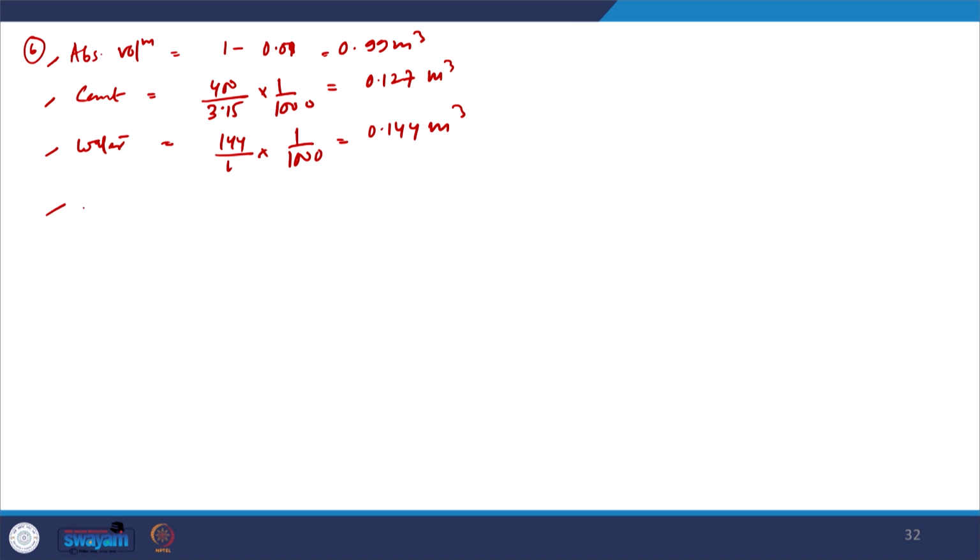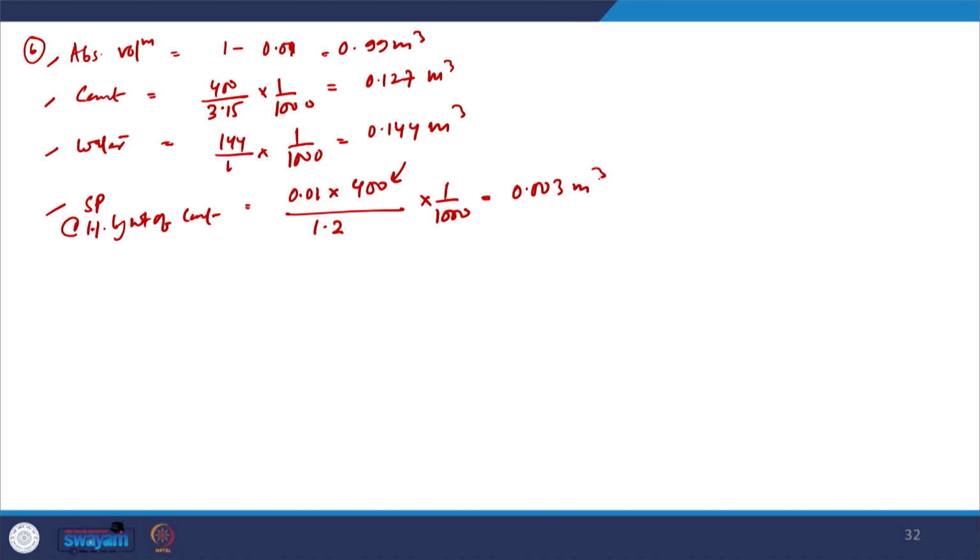Then we have superplasticizer, let us say we are using at the rate of 1% by weight of cement. So, this becomes 0.01 multiplied by 400, this is the weight, and then we have to divide by the specific gravity 1.2 into 1000, this becomes equal to 0.003 meter cube.